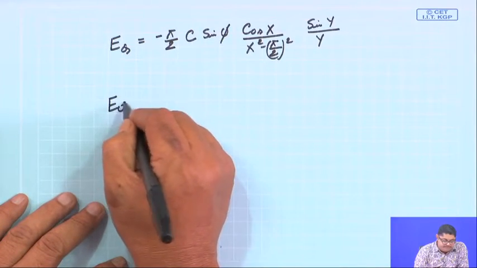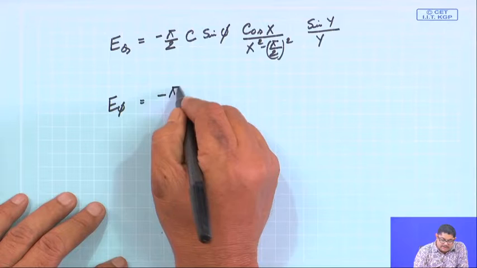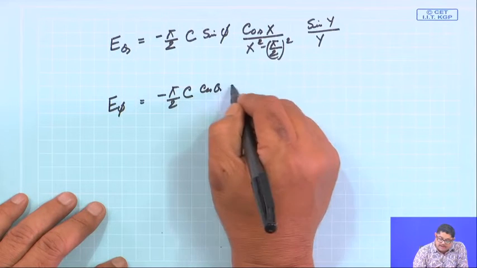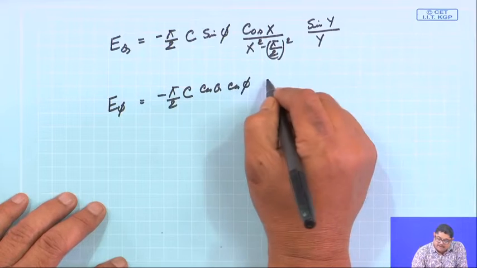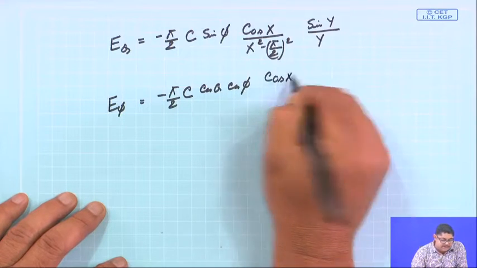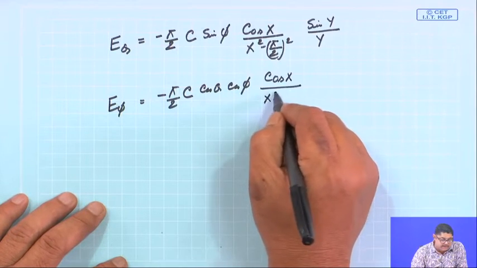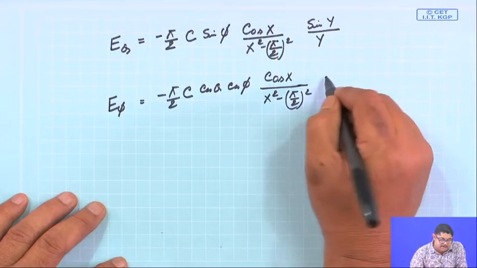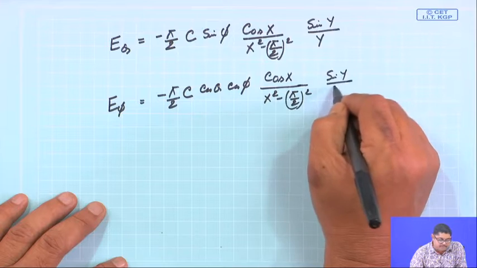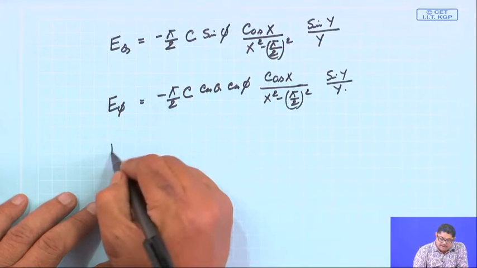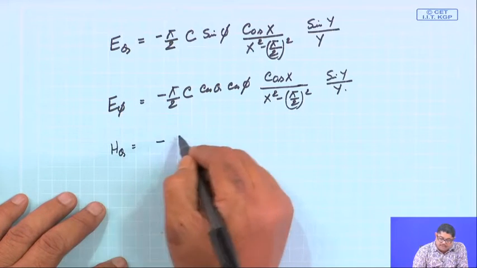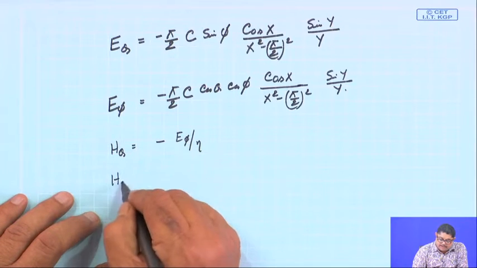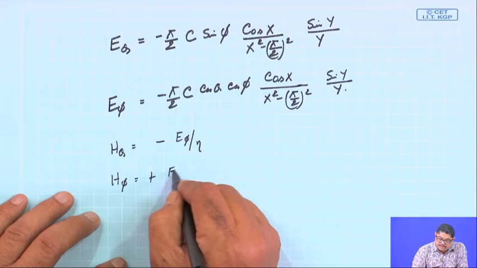Also E phi will be minus pi by 2 C cos theta cos phi, cos x by x square minus pi by 2 whole square, sin y by y, and H theta will be as before minus E phi by eta, and H phi is plus E theta by eta.